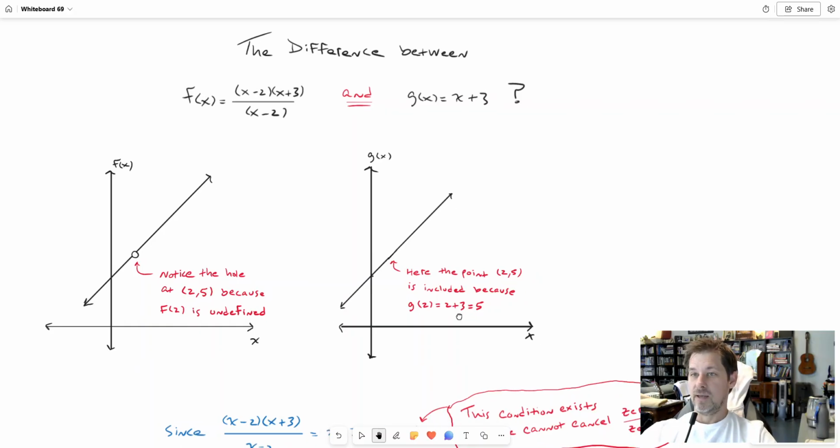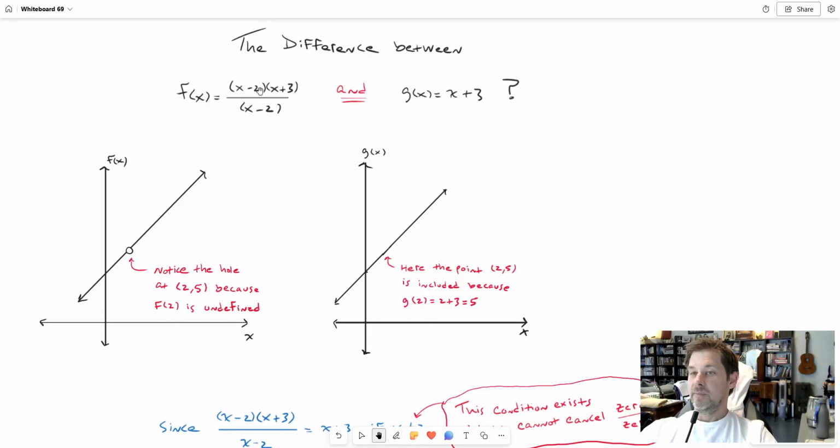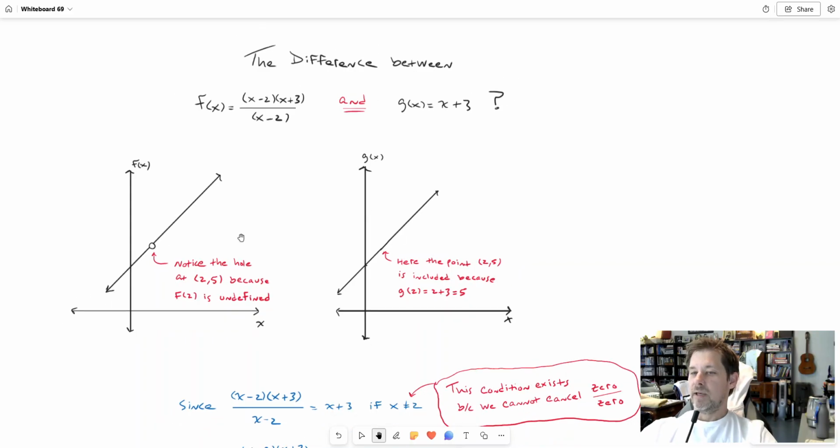They're identical because this one reduces to that one with only one exception, in the case where x was 2. So that's called a removable discontinuity. We would say this function is not continuous at 2, but it's just missing that one point. Otherwise, its graph is cohesive in one piece, just missing one point.